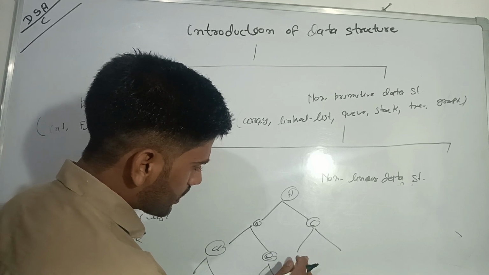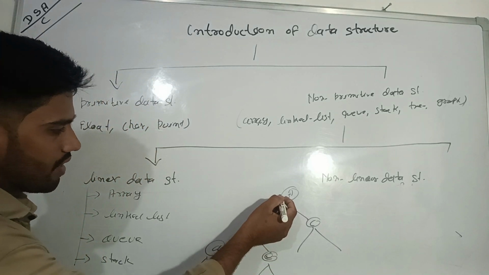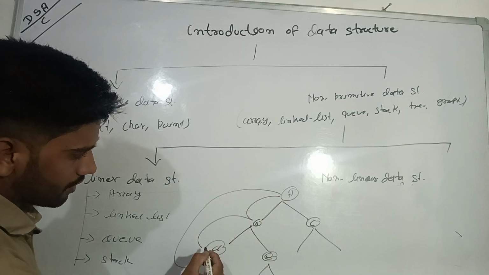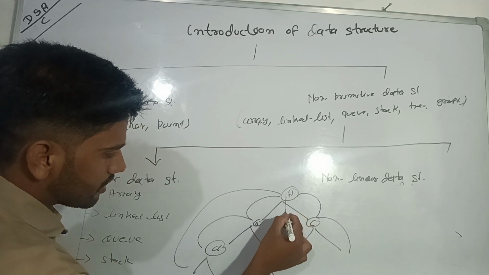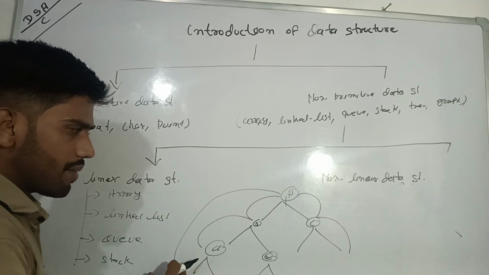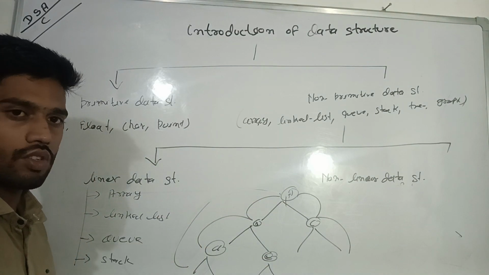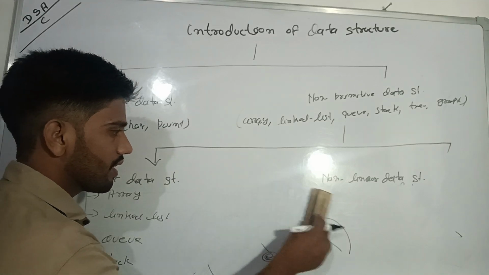There is traversal but not in a sequence order. We can travel from here and we can also travel from here. Traversing is not in a sequence order, so it is a non-linear data structure, right?